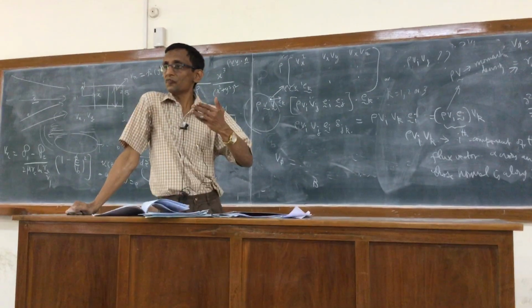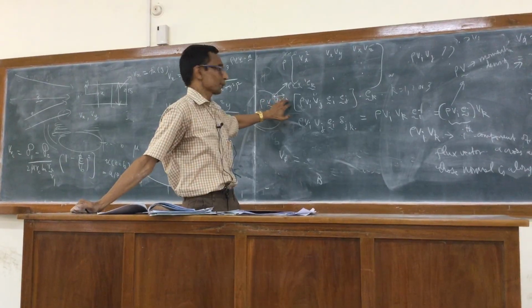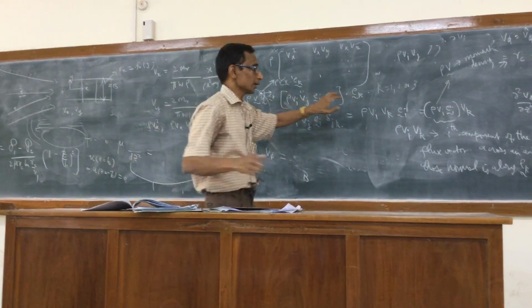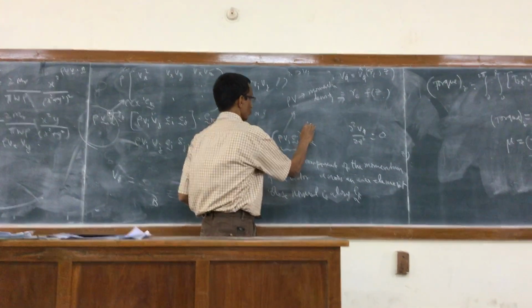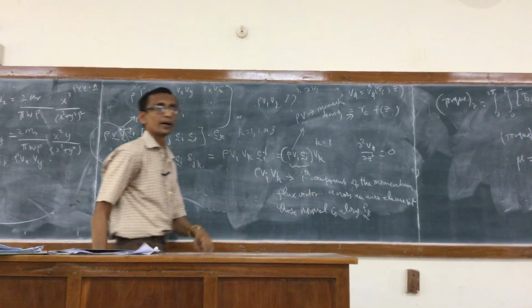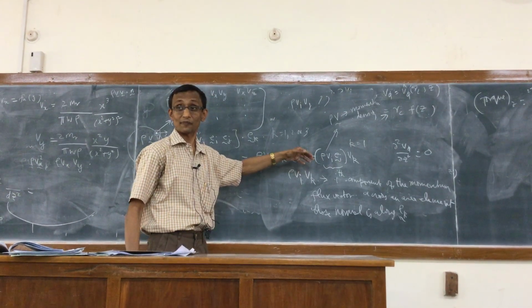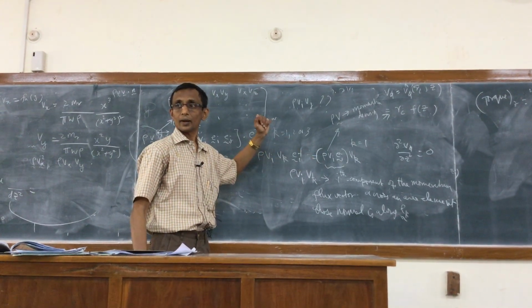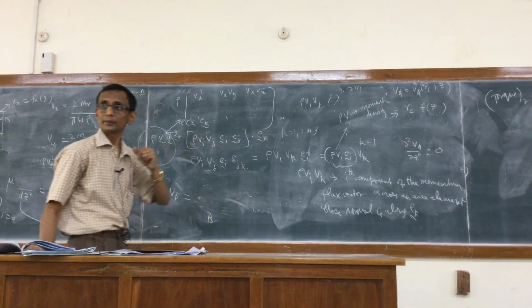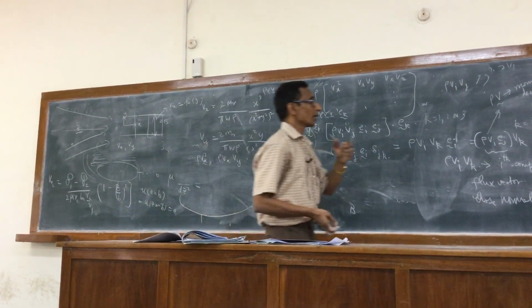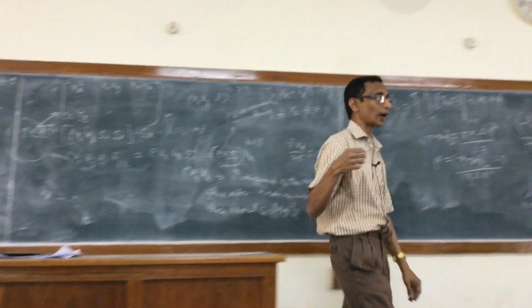So I am specifying a vector Ek. If k is equal to 1, I am getting the three components of the momentum flux vector across an area element whose unit normal is in the E1 direction.